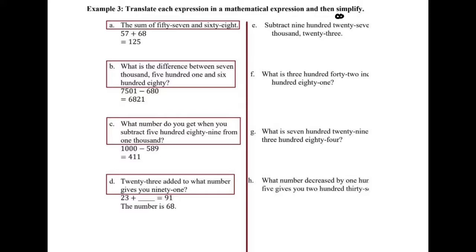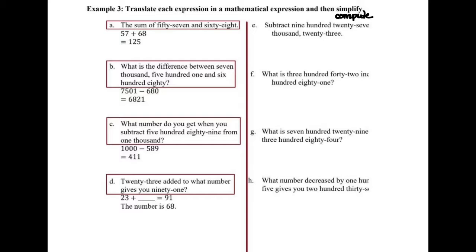Okay, so compute. All right, B. What is the difference? So that's a subtract, right? You can look on a little chart if you need to. Between 7,501 and, so that's where you put your subtract, 680. So you figure that one out and you get this.